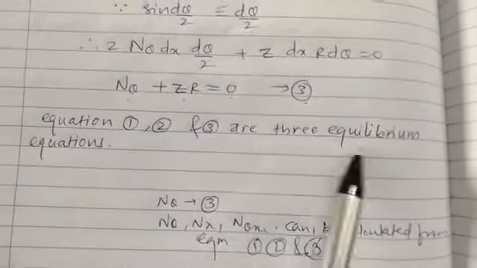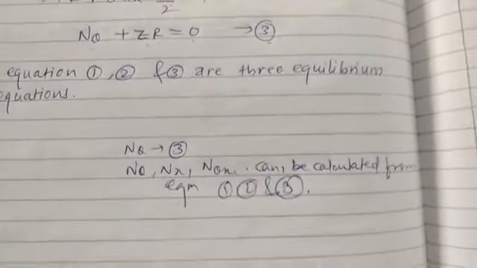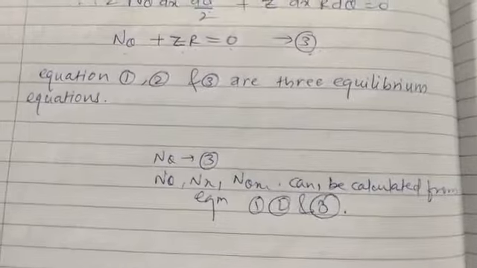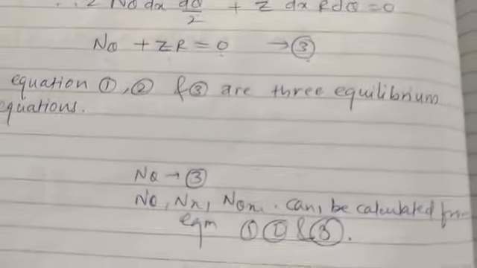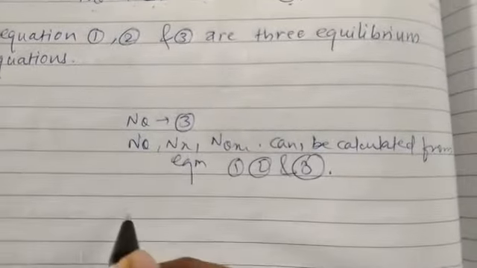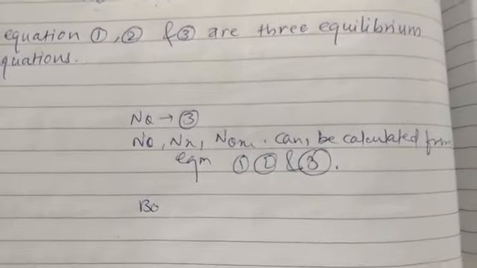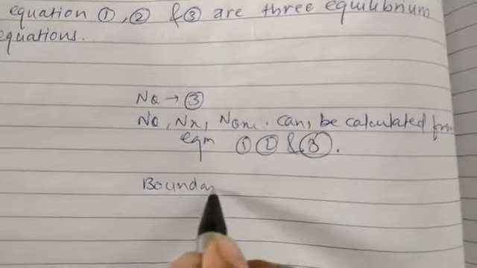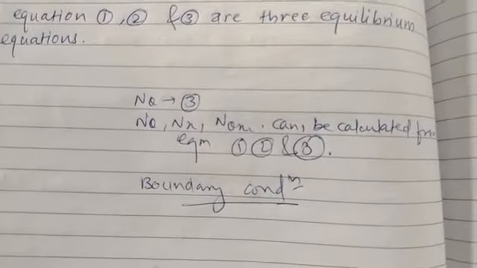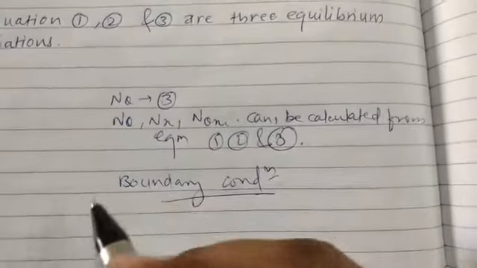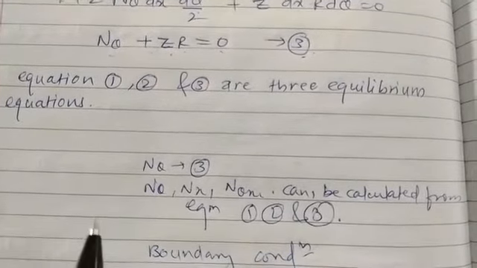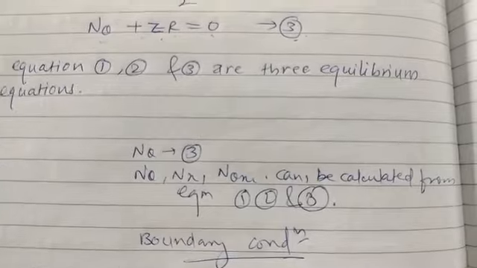So these are the equations of equilibrium for the cylindrical shell. This is the derivation. Now if you want to find the values of n theta, nx and n theta x for a cylindrical shell, you can apply boundary conditions. So this is how we derive the equilibrium equations for the cylindrical shell. So thank you.